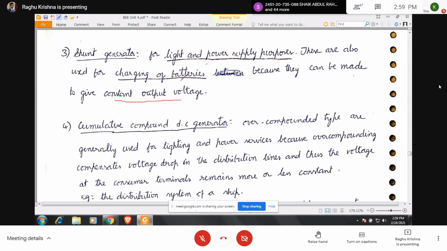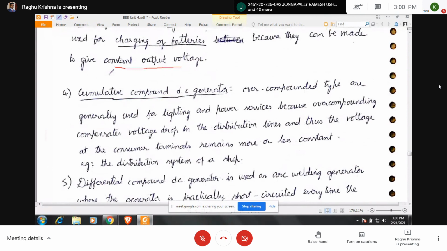That low voltage is rectified, and finally the output of the charger is DC. That DC voltage is used to charge the battery of a cell phone or any battery. So they are used for charging batteries because they give constant output voltage.